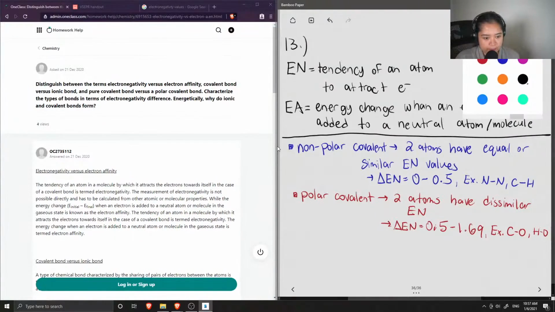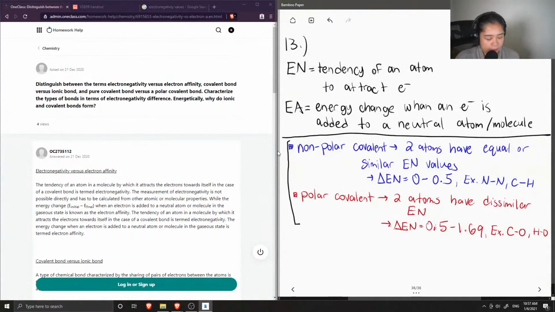And the main difference between covalent and ionic bonds is that covalent bonds are between two nonmetals, and it involves the sharing of electrons.